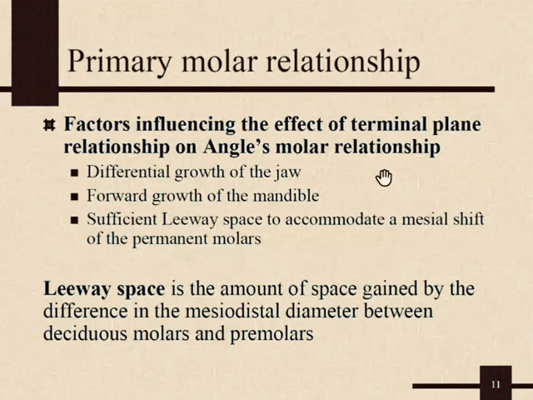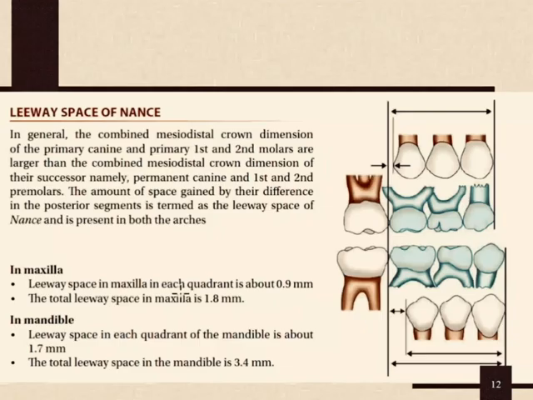Again, we have what we call leeway space, and let me describe it. This is the leeway space we have in the maxilla and the mandible, where we have the mesiodistal dimension of the primary canine. Here is the canine. And you know that in primary dentition, we don't have premolars. So we only have canine, first molar, and second molar.